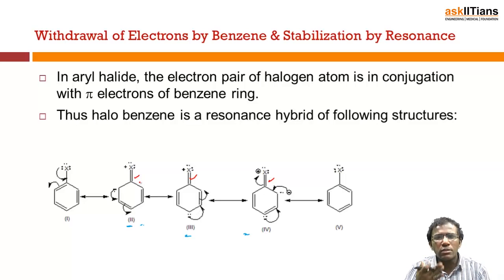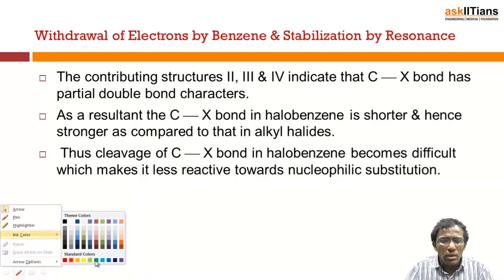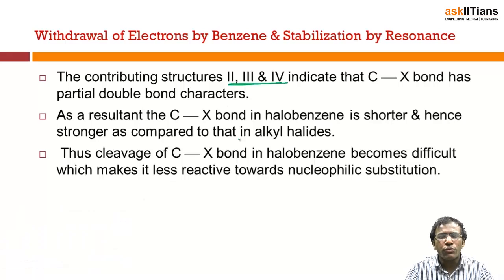That is known as partial double bond character. We think that the carbon-halogen bond length is the single bond length, but it is in fact less than the single bond length and more than the double bond length. It is intermediate between single and double bonds. That partial double bond character you can understand from the resonance structures 2, 3 and 4.